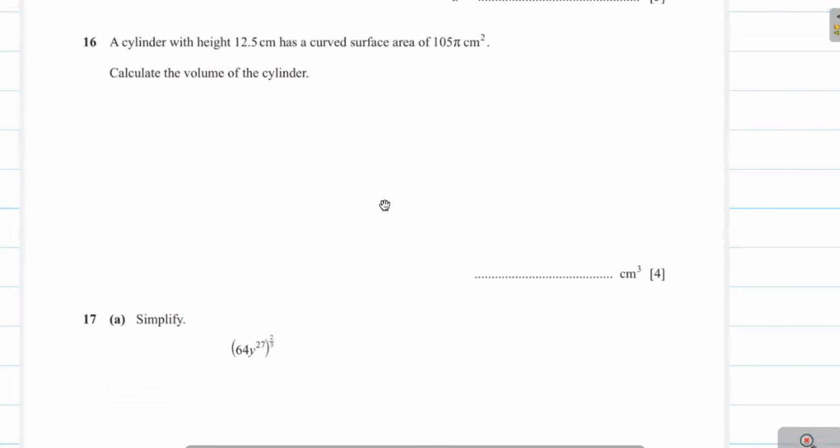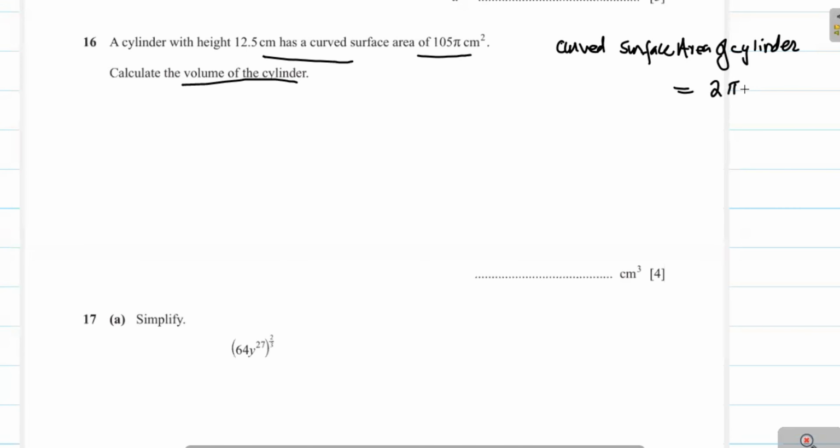Question 16, a cylinder with height 12.5 centimeters has a curved surface area of 105 centimeters squared. Calculate the volume of the cylinder. The formula of curved surface area of a cylinder is equal to 2 pi r h. You see here the value of the surface area is 105. We write there 105, and the pi will be cancelled. We can write 105 equal to 2 into radius.